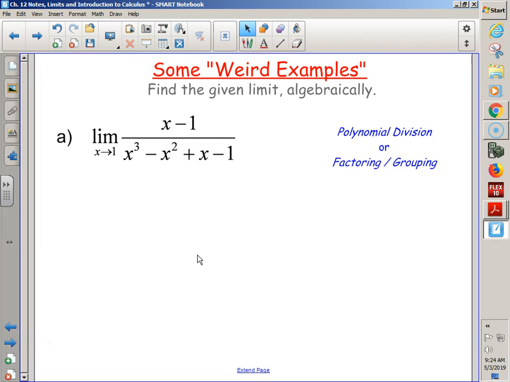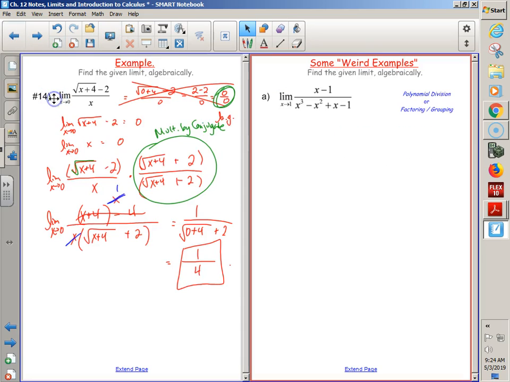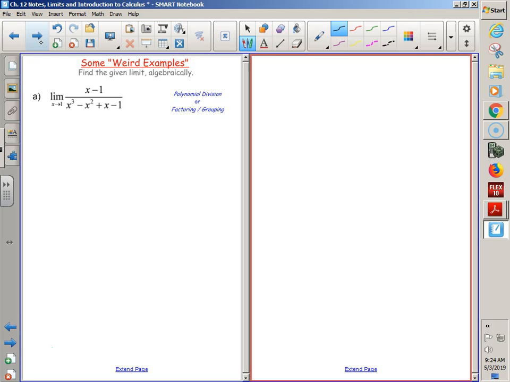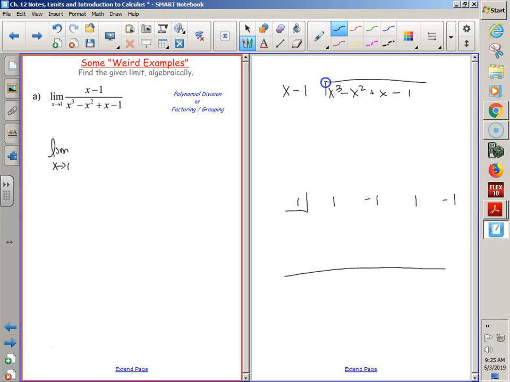Grouping. Wow, I see grouping. Anybody else thinking grouping? Doesn't always work, but this time it does. No, keep trying, keep trying.